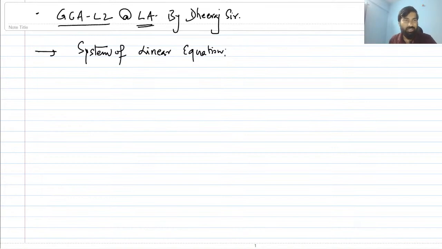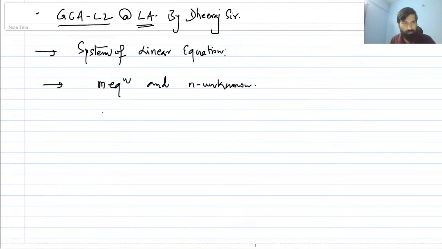And we have seen that if we take two equations and two unknowns, today we are going to take m equations and n unknowns.